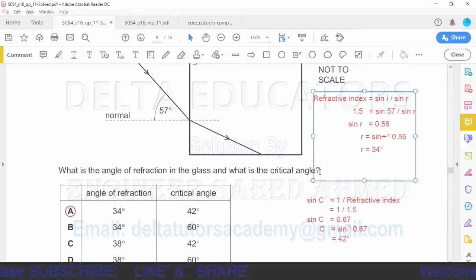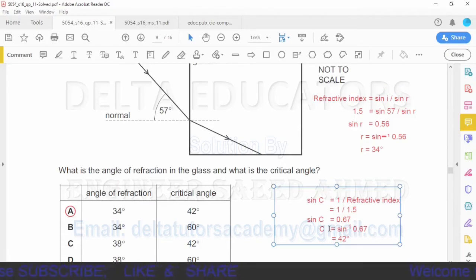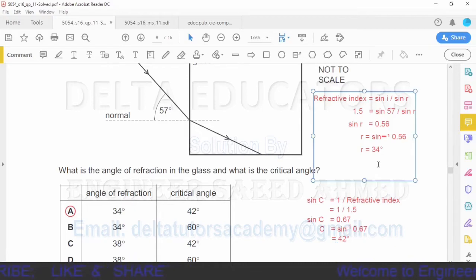Now we have to find out the value of C. Refractive index is given 1.5, so sin C will be equal to 1 over 1.5, and by solving this we will get the answer 42 degrees. So the angle of refraction is 34 degrees and the critical angle is 42 degrees, and it is given here in option A, angle of refraction 34, critical angle 42. So option A is the correct one.